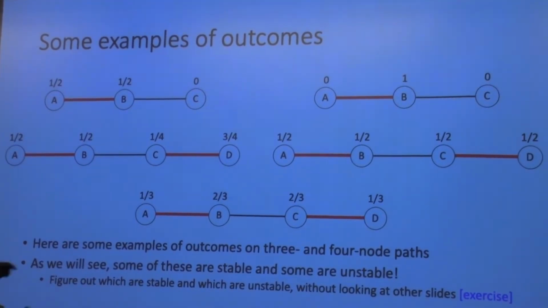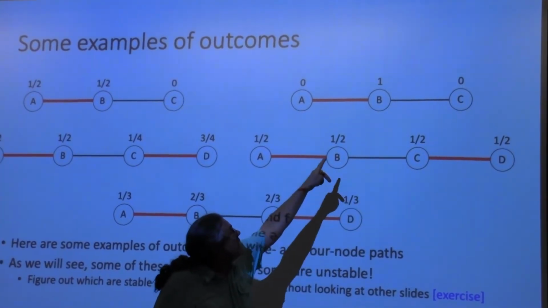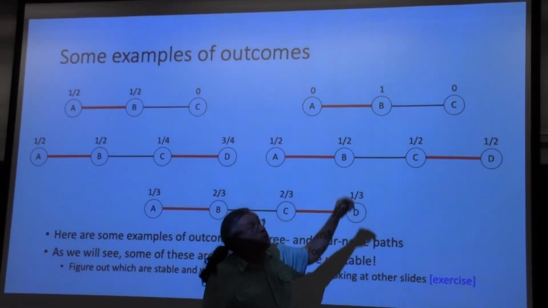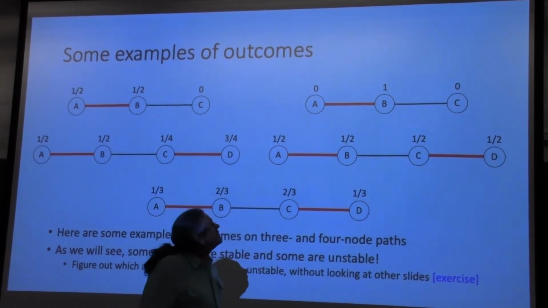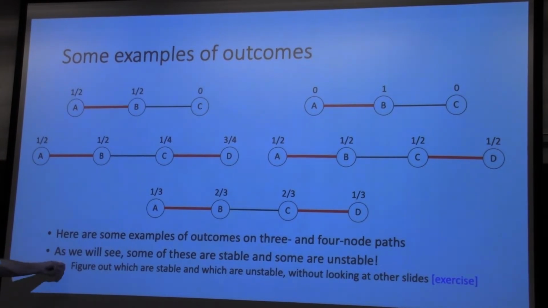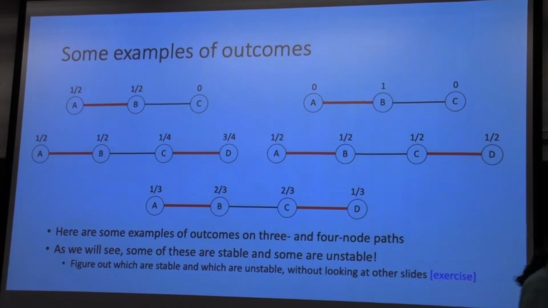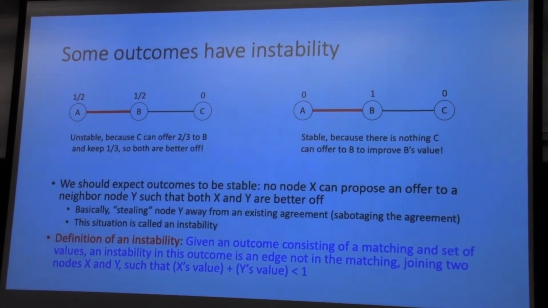Okay? But the one on the right here, this is stable. There's no way C can make a better offer to B. B is already getting 1. So C cannot do anything better. The other ones, I leave as an exercise for you. Figure out which ones are stable, which ones are unstable.